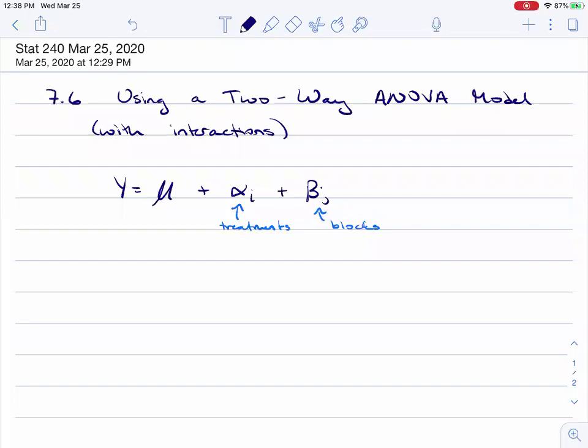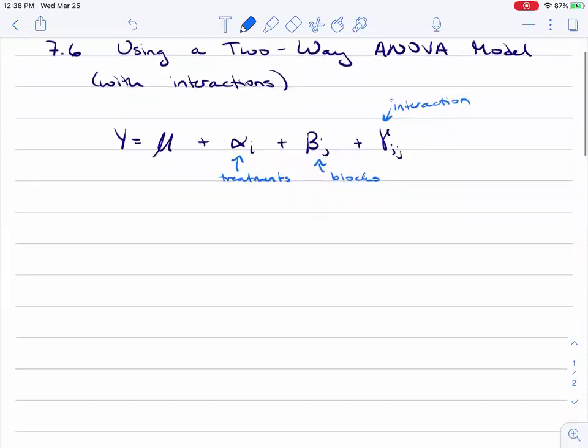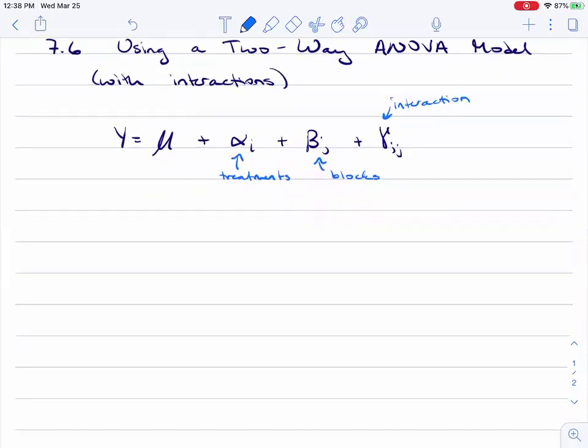And then what we have is plus gamma ij. This is the interaction. And you guys are probably better at drawing gammas than I am. They're a little bit tricky. So here, this is a gamma, actually a lowercase gamma.